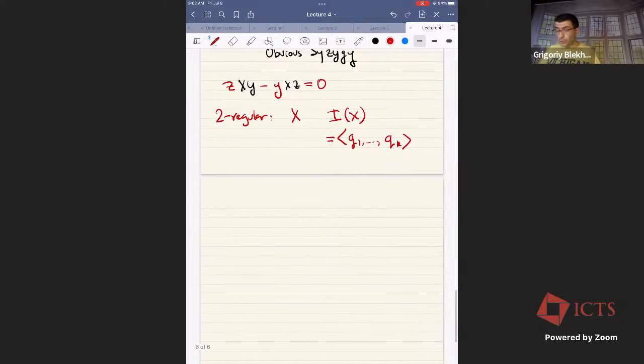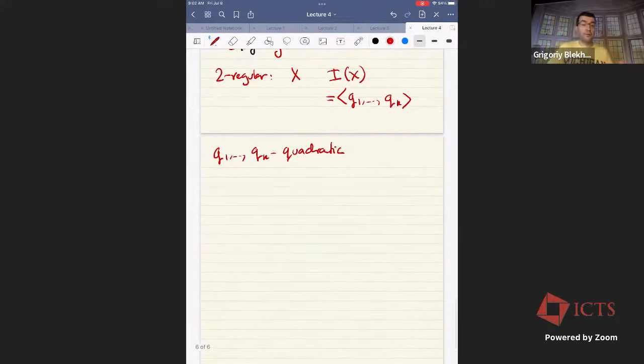So first of all, in order to be 2-regular, all of the q's need to be quadratic. So the vanishing ideal of X needs to be generated by quadratics. But moreover, all of the syzygies between all of these generators are linear.